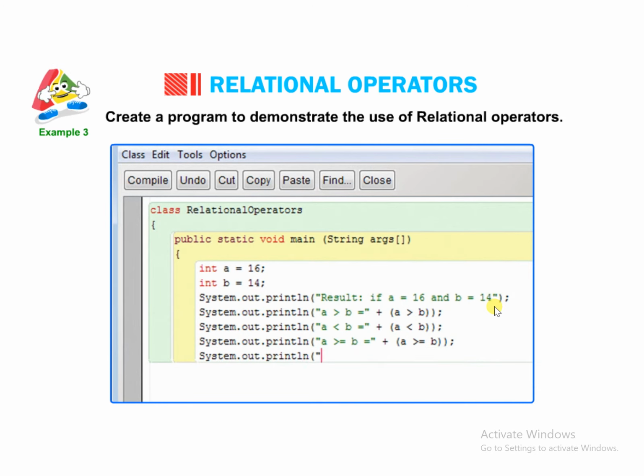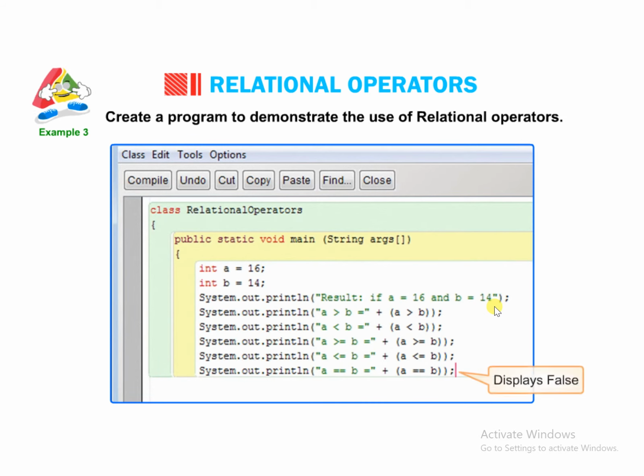System.out.println, bracket open, double quote, a is smaller than equal to b equal to, double quote close, plus, bracket open, a is smaller than equal to b, bracket close, semicolon. Displays false. System.out.println, double quote, a equals to b equal to, double quote close, plus, bracket open, a is equal to b, bracket close, semicolon.